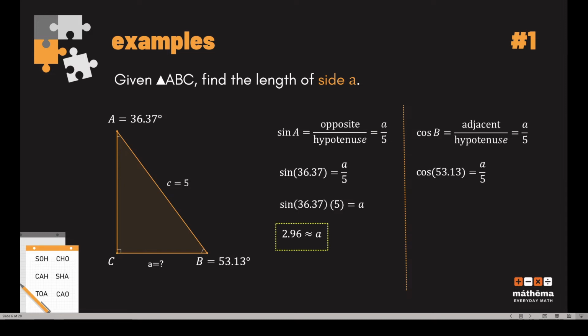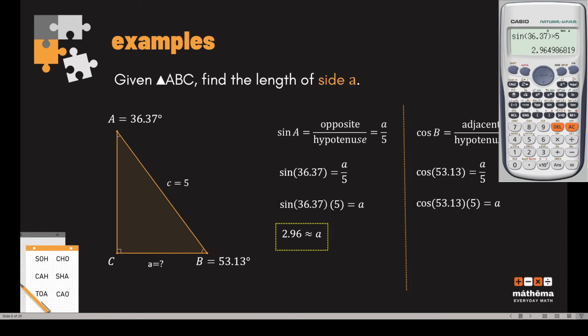So again, substitute our angle B equals 53.13 degrees, and that will become A over 5. Again, using our calculator, we'll have cosine of 53.13 multiplied by 5, that should give us approximately 3 units.